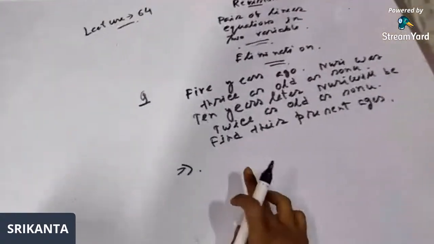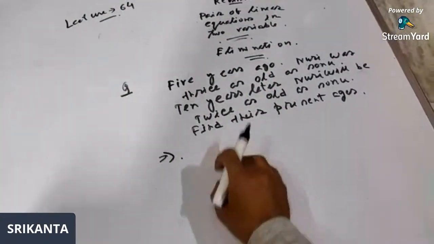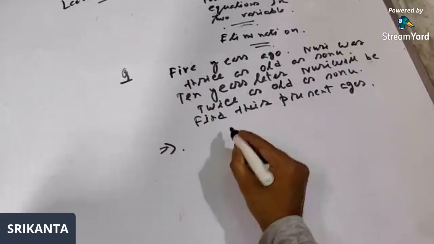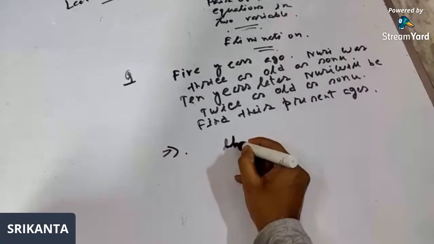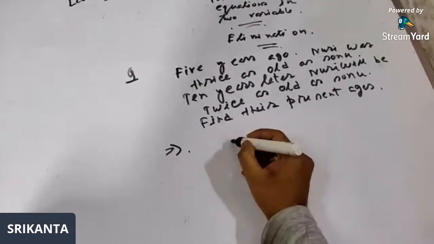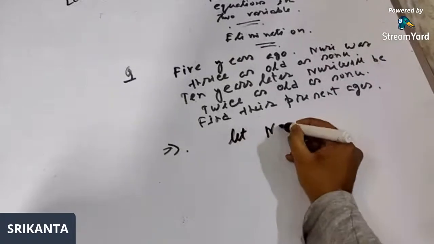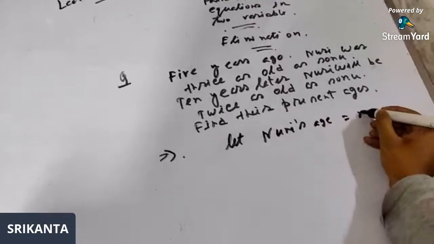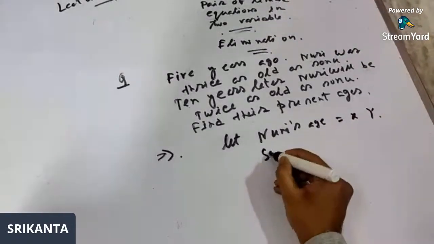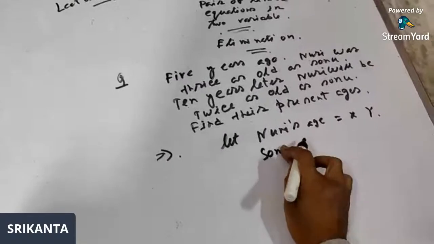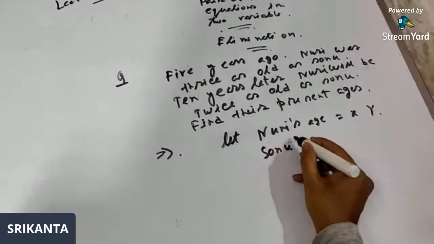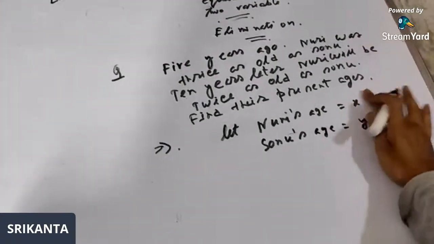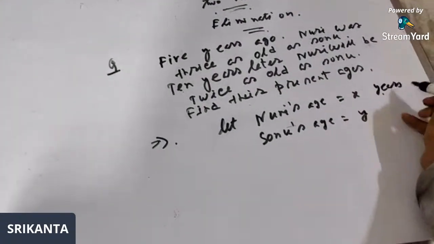Okay, so let us do this one. 5 years ago, Nuri was thrice as old as Sonu. Find the present age. So let Nuri's age be x years and Sonu's age be y years.